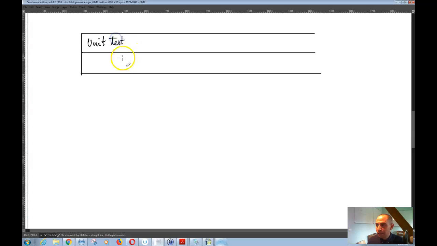So the unit test, and then here you have the percentage of marks obtained. So this was unit test 1, unit test 2, unit test 3, 4, and 5.